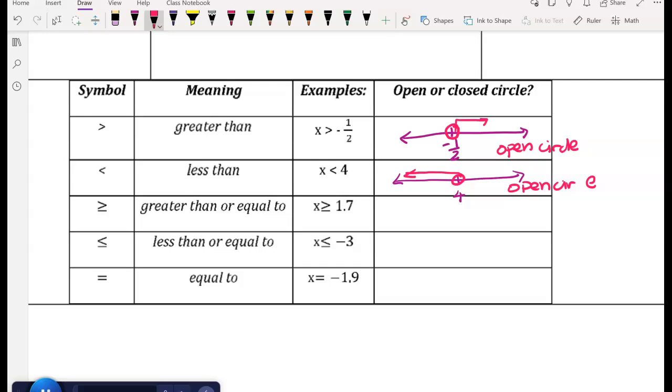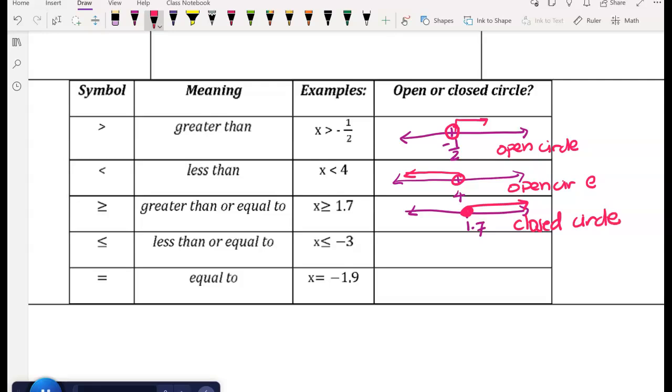Greater than or equal to, we have +1.7. This is now going to be a closed circle, and it's greater than or equal to, so we're going to go to the right, so closed circle.